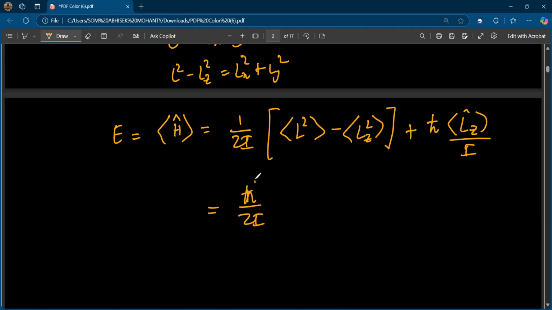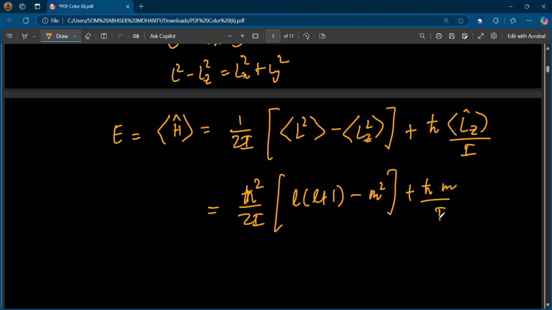So h cut square goes out. Lz is m h cut, so the square is m square h cut square, plus h cut m h cut by I, or ml, you can write ml. Alright, so for L equal to 1, as asked in the question.